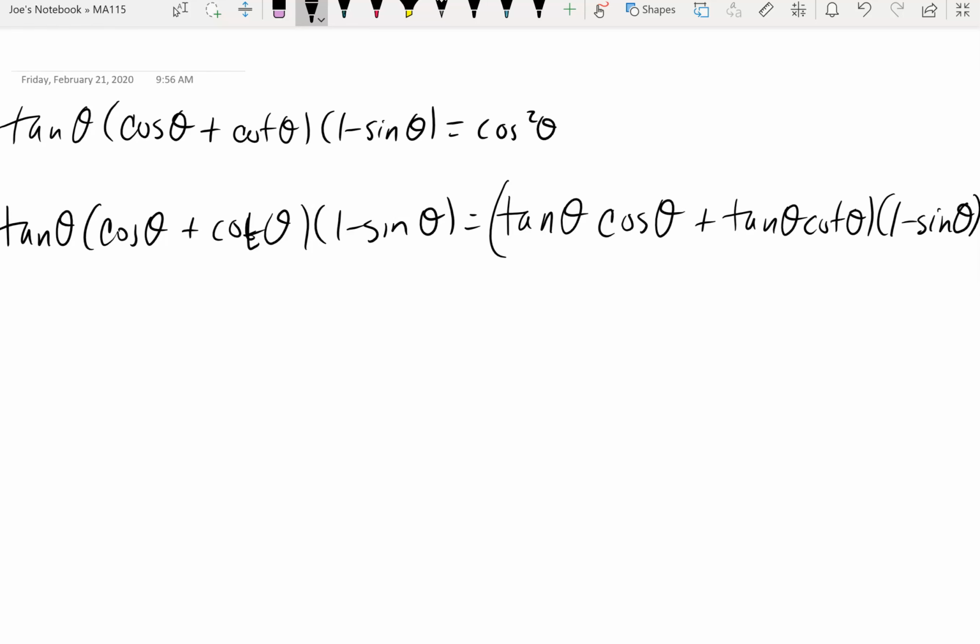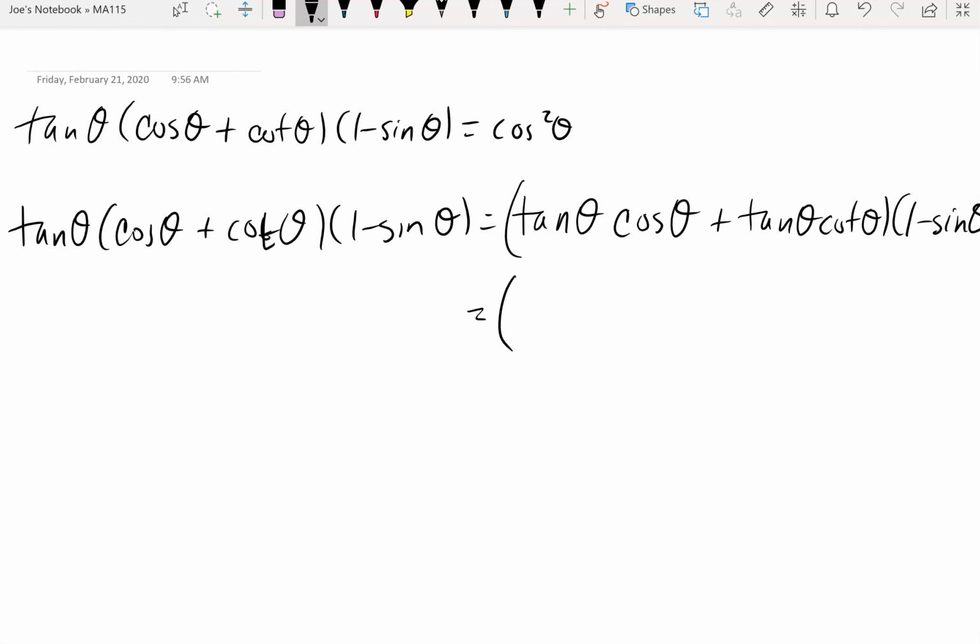Yeah, I agree. So remember, one of the things that we can do is change things around with some other identities we have. Well, how can we rewrite tangent? Sine over cosine. And what's the relationship between tangent and cotangent?